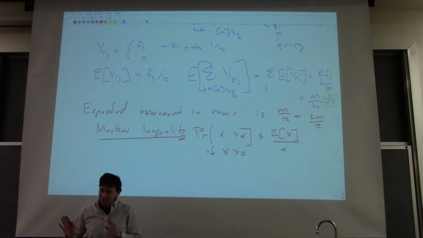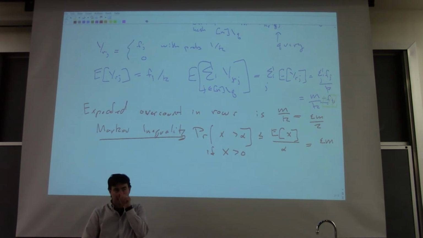So if you've never seen this before, you can think about that statement a little bit and rederive it. But if we're just using this, what we're going to do is set this now. What we want is to be epsilon m.